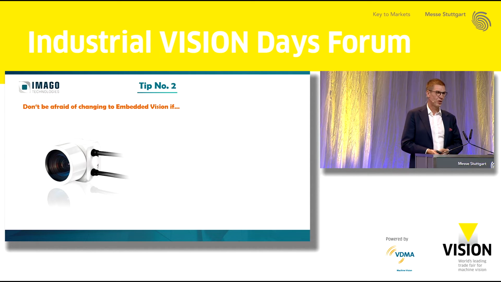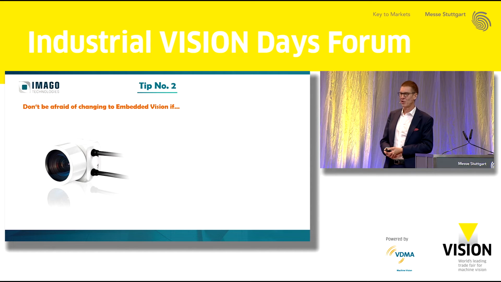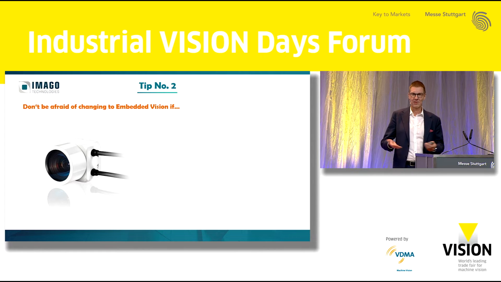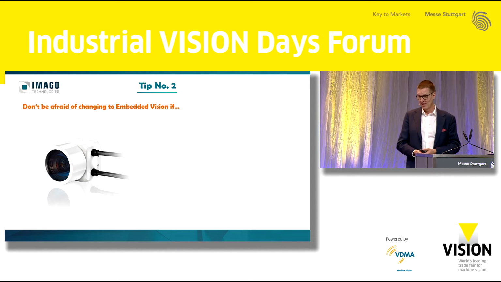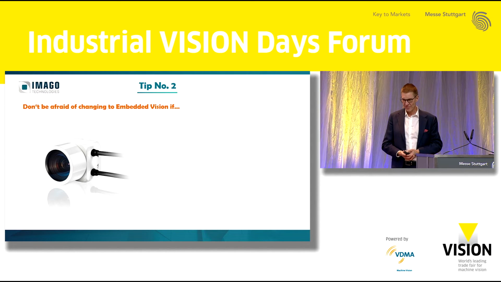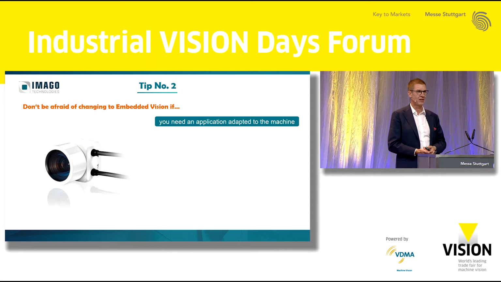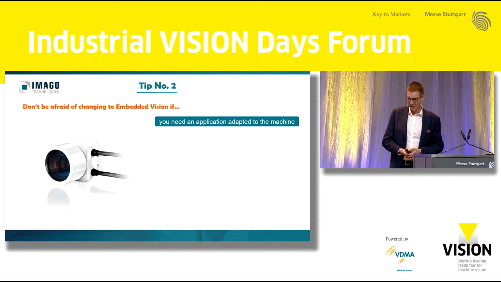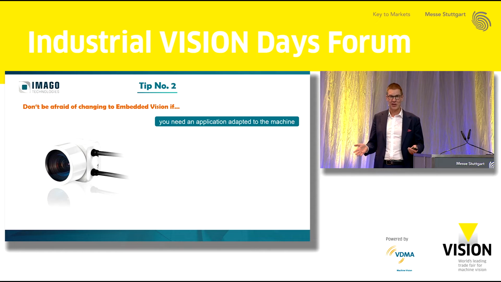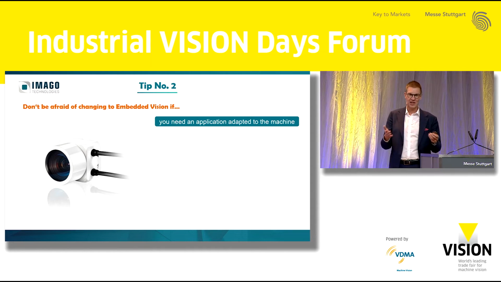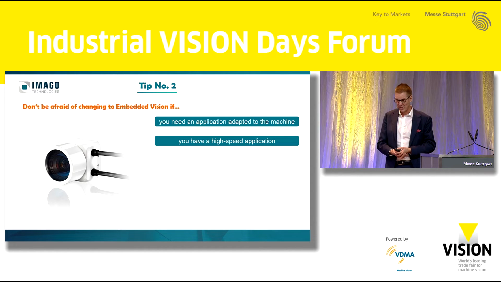Tip number 2. Maybe in the market you see a lot of embedded vision systems for code reading. That is not the real world. Today, many different applications are already embedded into machines. So don't be shy, have some imagination and ask for specific ideas.